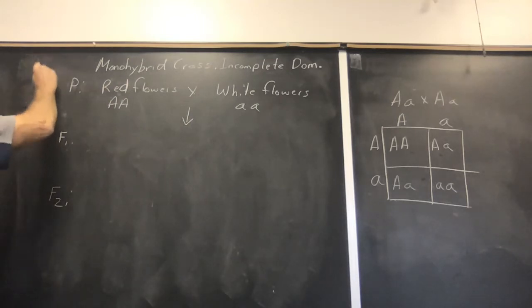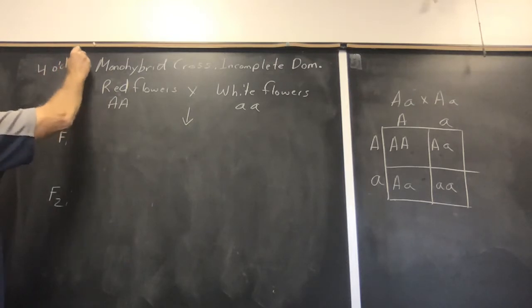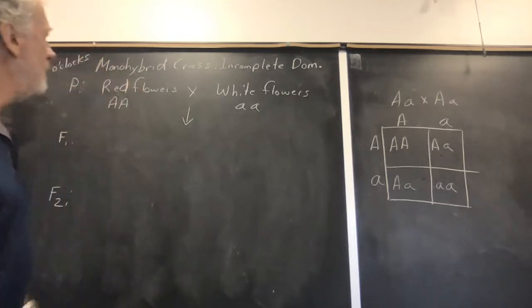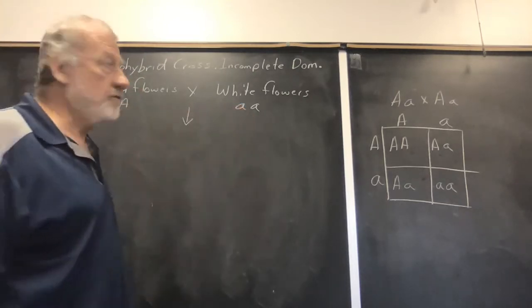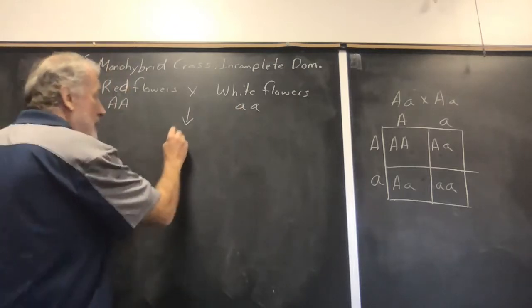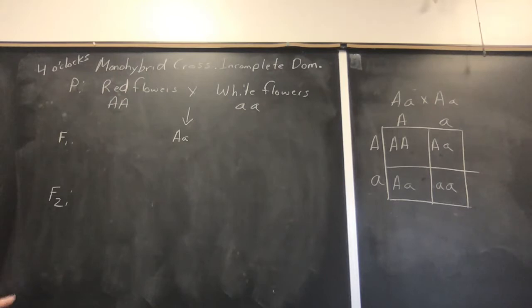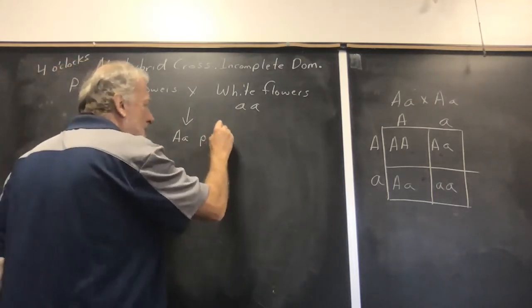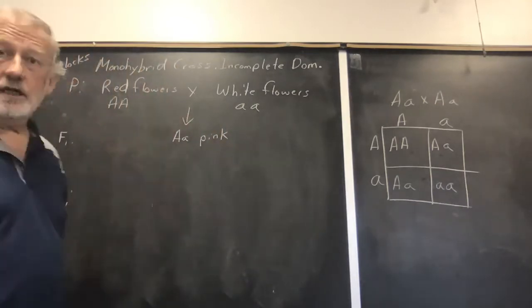These are plants called 4 o'clocks. They're like small petunias. But anyway, we've got homozygous plants for red flowers, homozygous plants for white flowers. And the genotype of the F1s, of course, is big A, little a, but this time they're not going to be red, they are pink. So here the heterozygotes have a different and distinct phenotype.